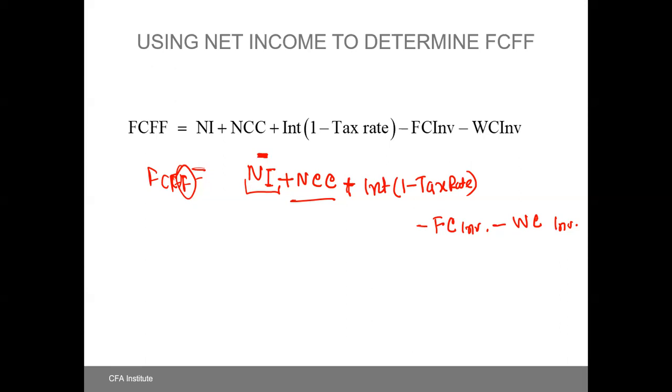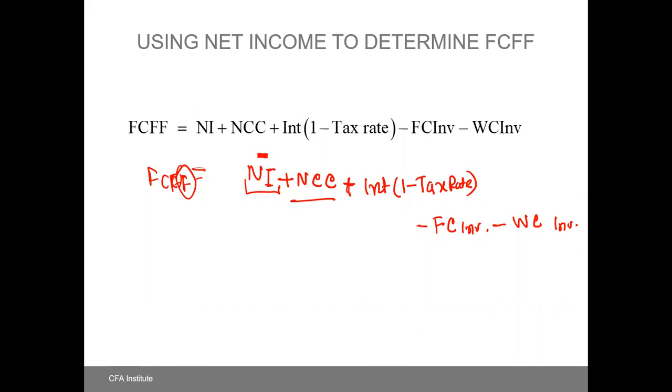And another one, as it is a free cash flow to the firm, we add back the cash flows we make available to the debt holders. So after tax interest expense is added back. And as I mentioned, the investment for fixed capital, and this is required to make the firm operating and to make the firm grow.